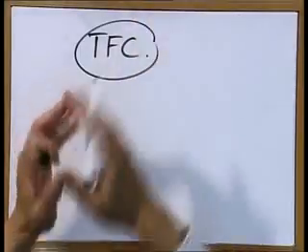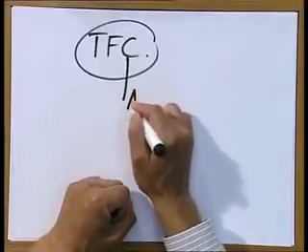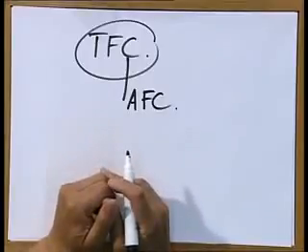Total fixed cost is the part of the cost that is fixed irrespective of your output. So TFC is part of your total cost, and you can go further and calculate what we call the AFC. What is the AFC?